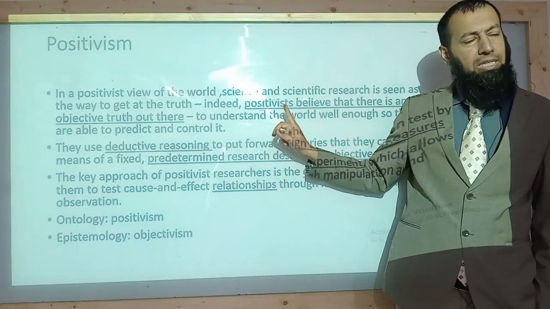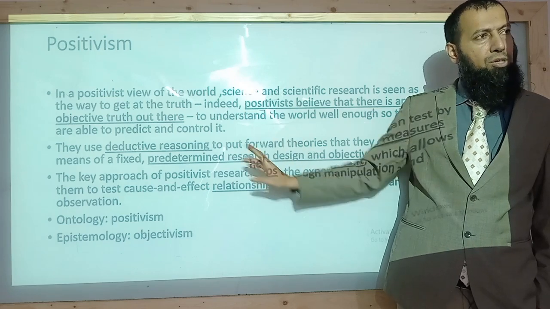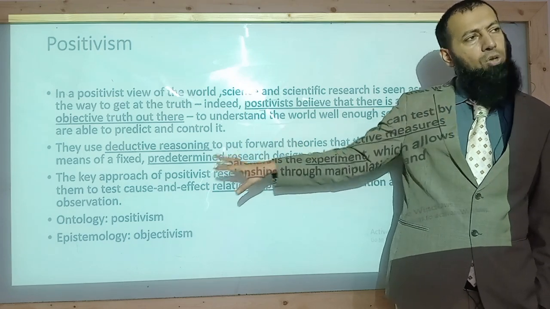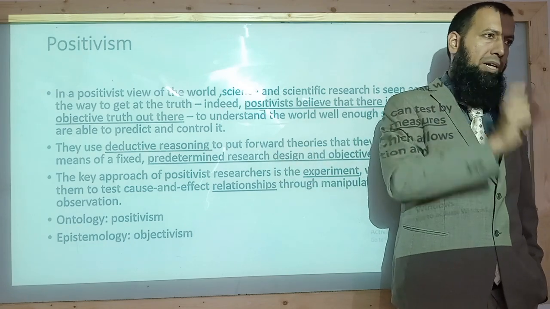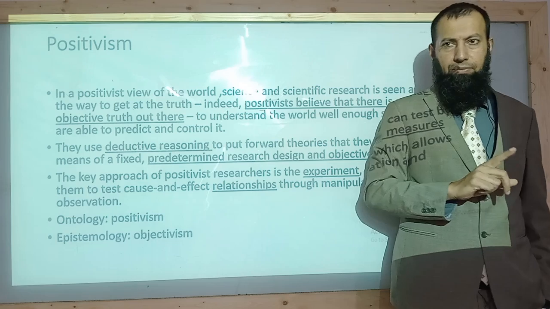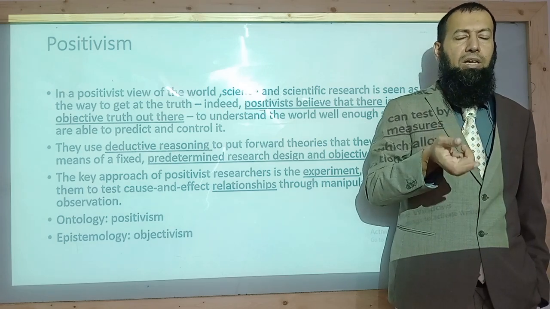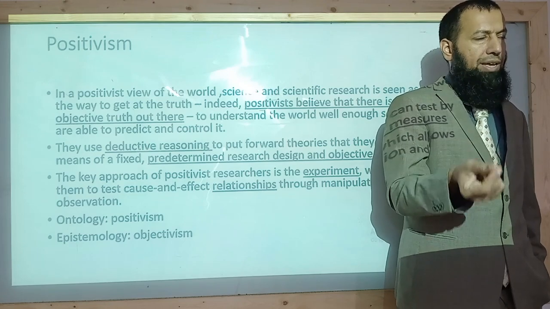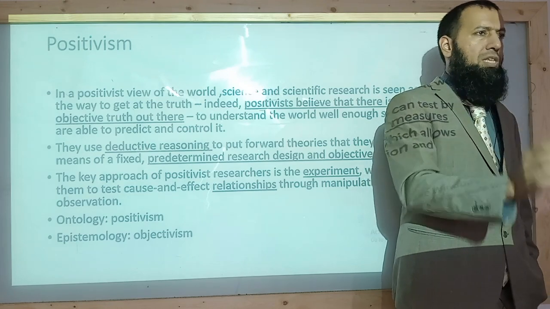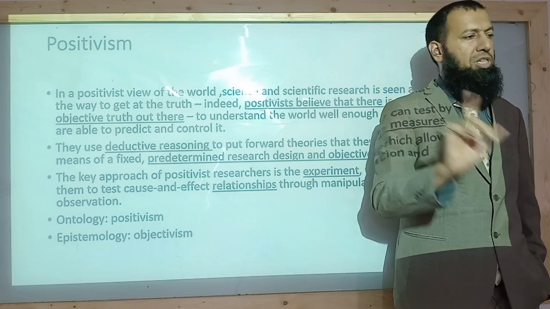Basically the scientific method uses deductive reasoning, and it is all quantitative. Quantitative means it is objective. Objective means if you and I measure any single thing, our measures will be the same. There will be no change in the measures.